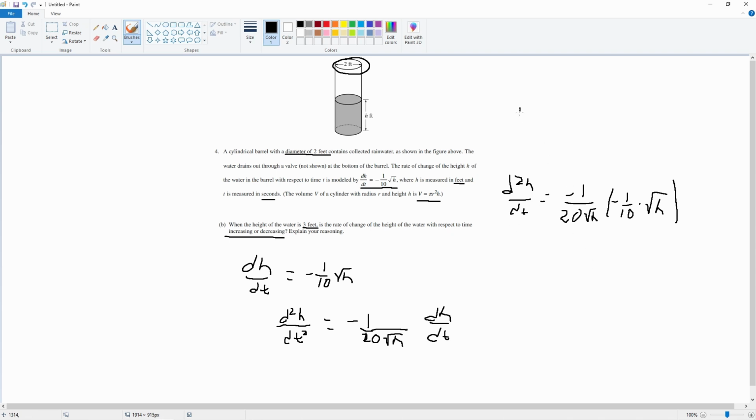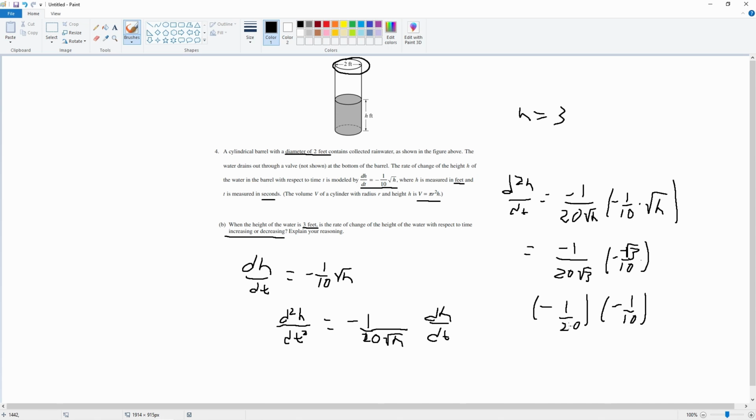So h is 3, and this is equal to negative 1 over 20 square root of 3, times negative 1 over 10 times square root of 3. Since this is being multiplied, it cancels out our square root of 3. So it's just going to be negative 1 over 20 times negative 1 over 10.